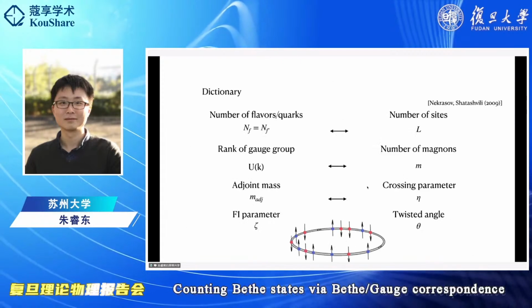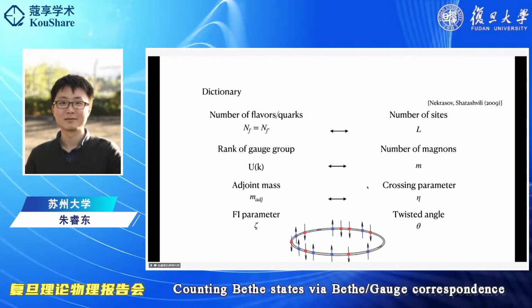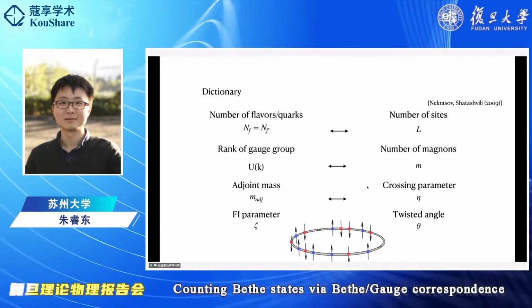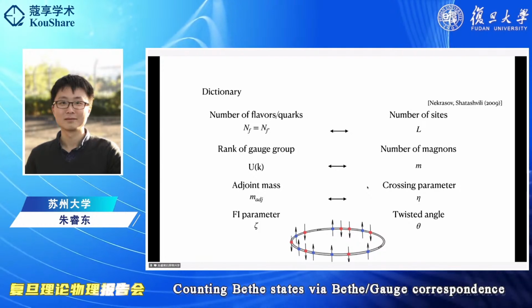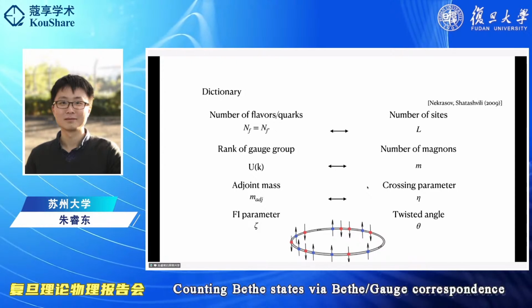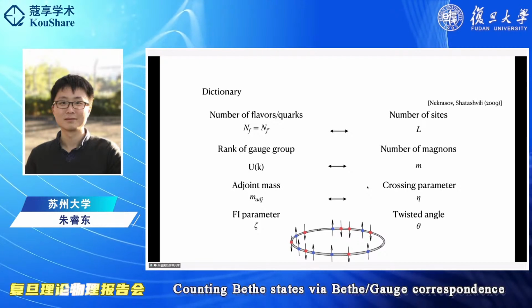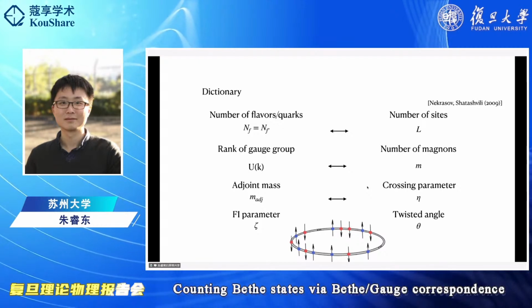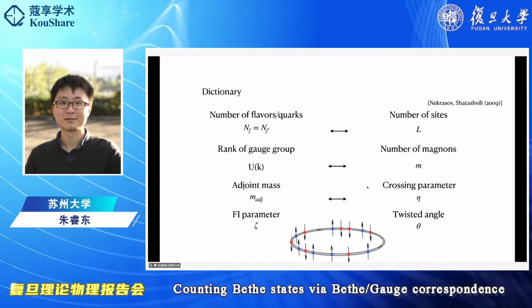So we can now give the dictionary between the supersymmetric gauge theory and the integrable model. For example, the number of quarks, N_F, corresponds to the number of sites in the spin chain, the number of spins in the spin chain. The rank of the gauge group corresponds to the number of magnons in the theory.